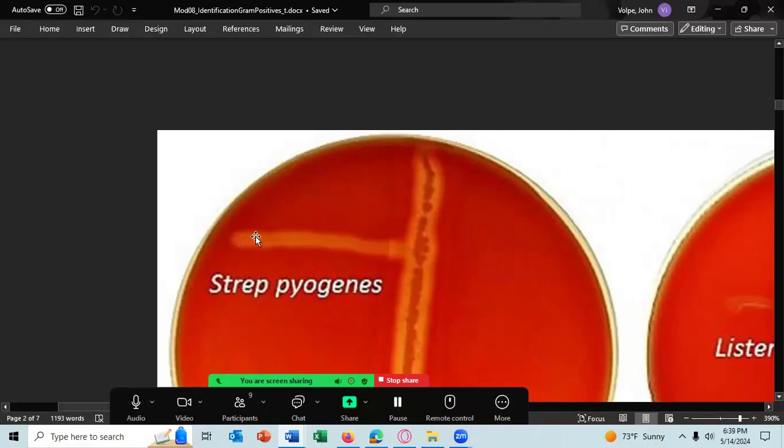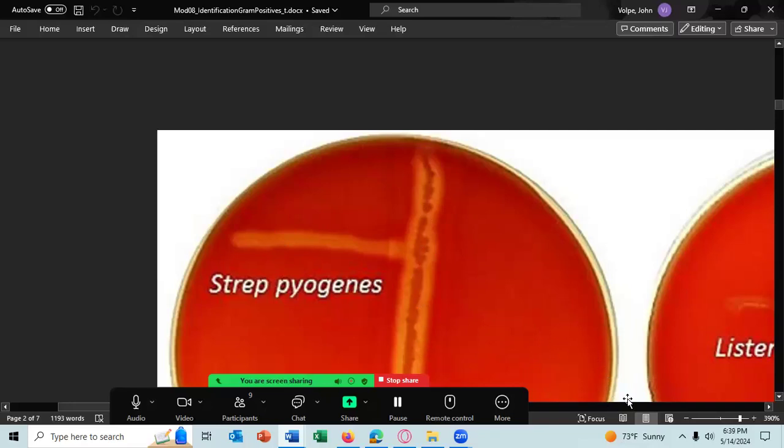And then around it, we have beta hemolysis. That's the lighter region. So there's the blood, it's red, and there's the bacteria, the darker region. And then we have the lighter region, which is beta hemolysis of Streptococcus pyogenes. And we have no enhancement of the beta hemolysis of Streptococcus pyogenes near the Staphylococcus aureus.